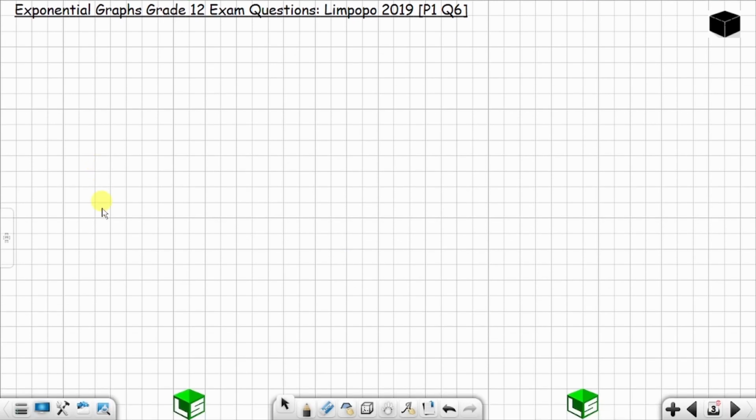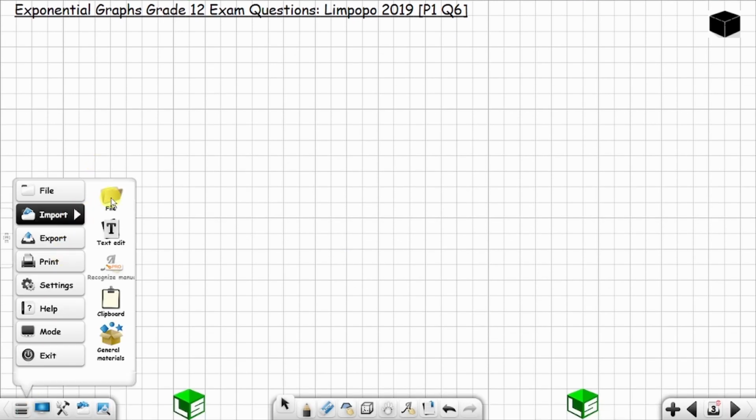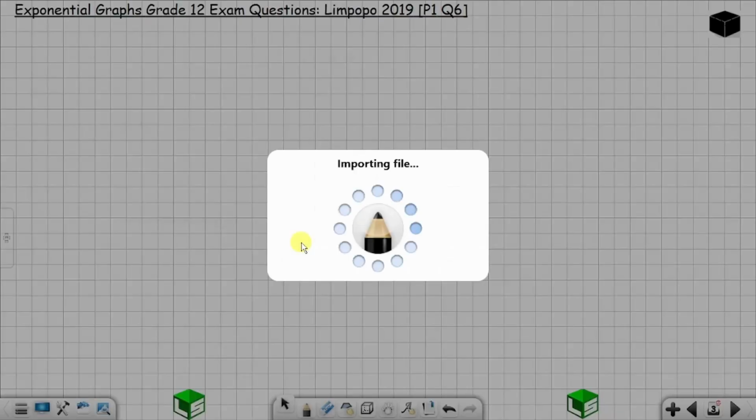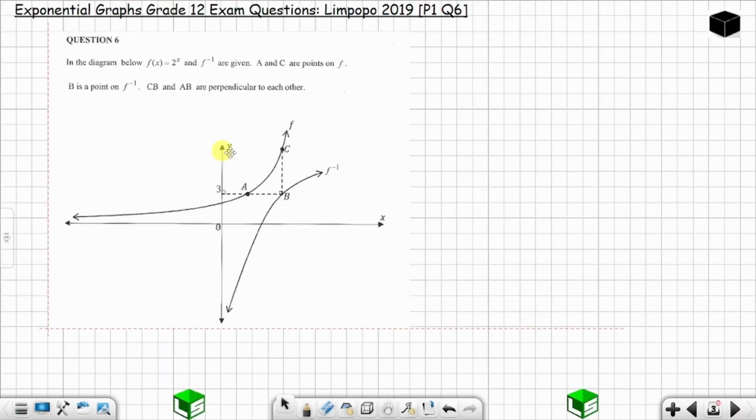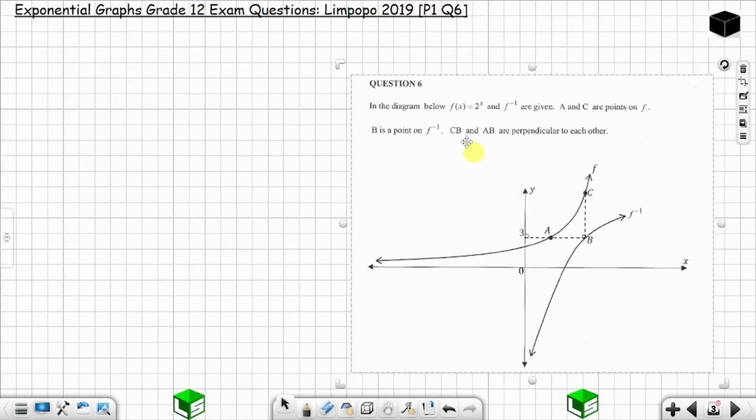Let's start with question 6 from Limpopo province from 2019. In the diagram below, f of x is equal to 2 to the power of x and the inverse of f are given. A and C are points on f.